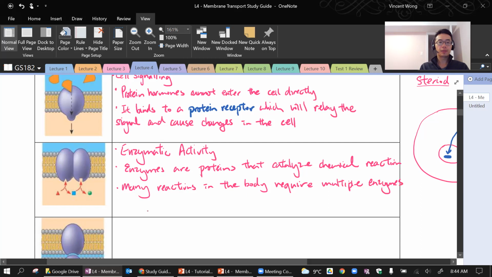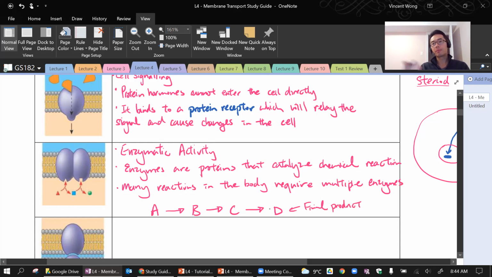So for example, if you start with material A, the substrate, that's the word we learned. If you start with substrate A, it gets turned into B, which gets turned into C, which gets turned into D, which would be the final product. Whatever it is doesn't really matter.